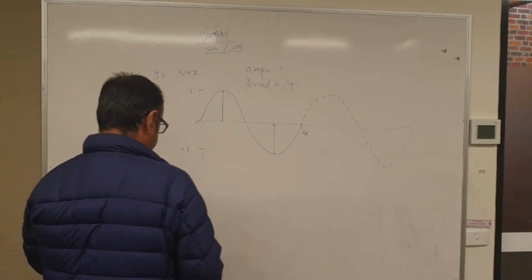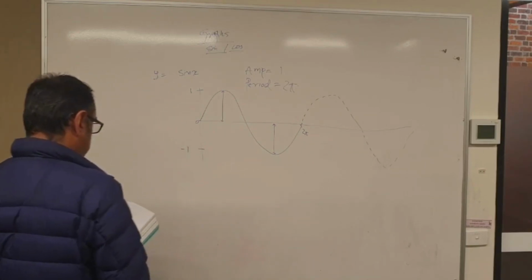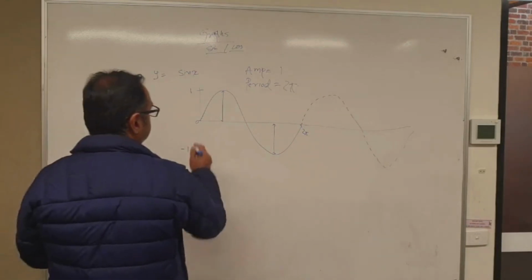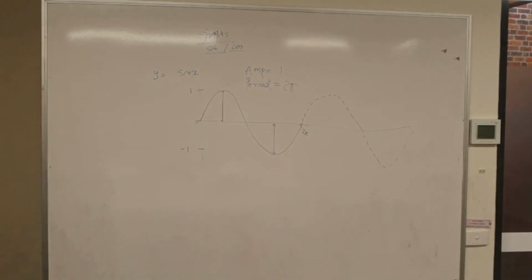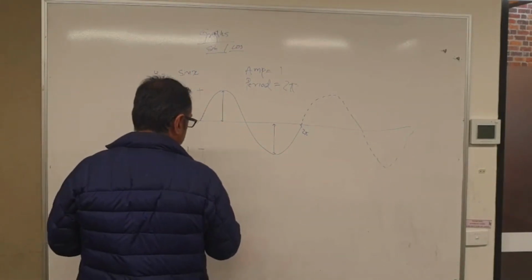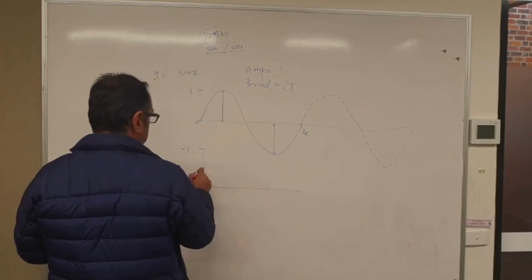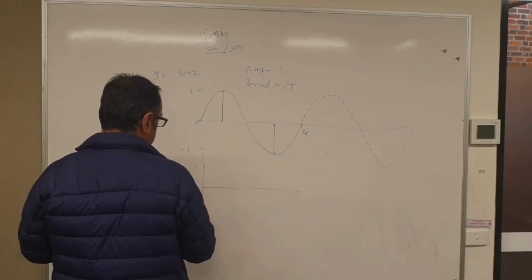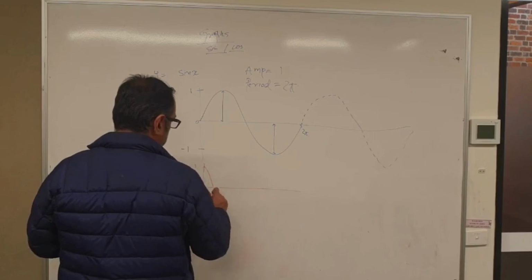Now, y equals cos x. Y equals cos x is exactly the same graph. So if I were to draw it somewhere here, let's say this is 1 and this is -1.